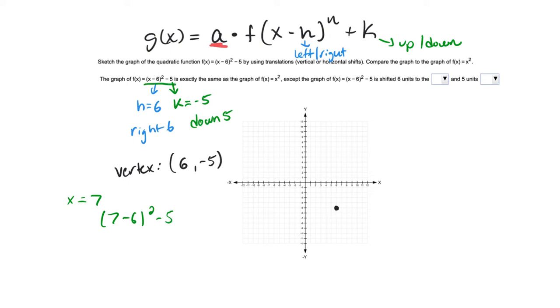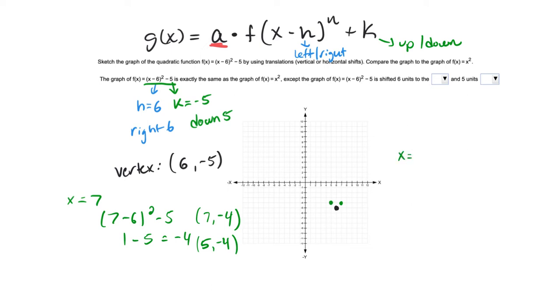So you get 1 squared minus 5, or 1 minus 5, which is negative 4. So 7, negative 4. It's right here. You know you're going to have a symmetric point at 5, negative 4, because of the axis of symmetry.